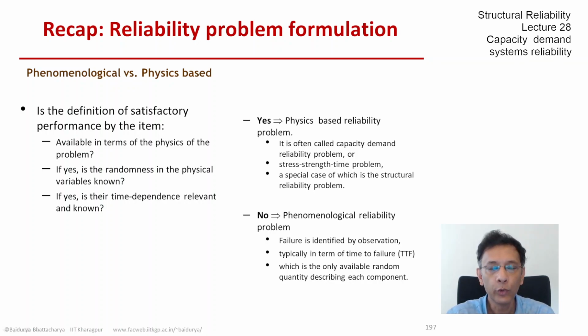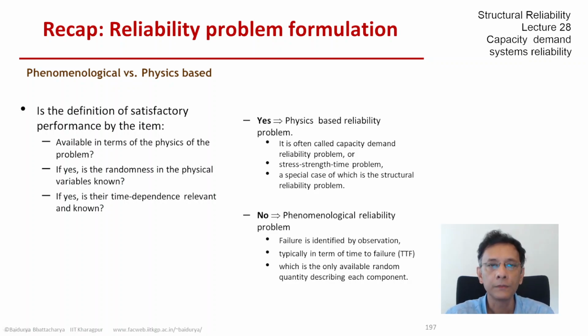then we would go for a physics-based reliability problem, especially because in the types of units that we are interested in, structural components and systems, we do not have the ability in most cases to do many tests on nominally identical samples.